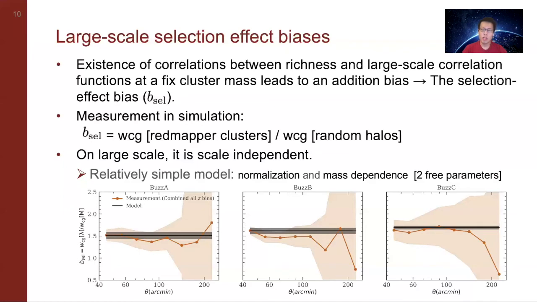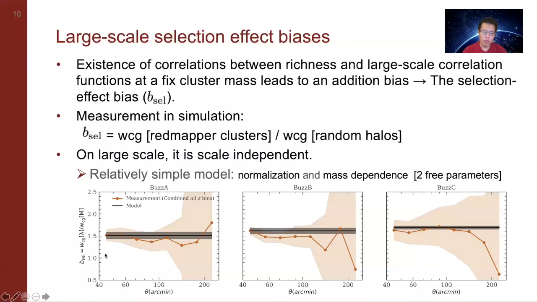Because it's in the simulations, you also know the mass and redshift distribution of those redMaPPer clusters. So you can randomly select halos that have the same mass and redshift distributions. Then you compare the cluster-galaxy cross-correlation of the redMaPPer clusters and the random halos. The extra clustering of the redMaPPer clusters is basically called the selection bias.